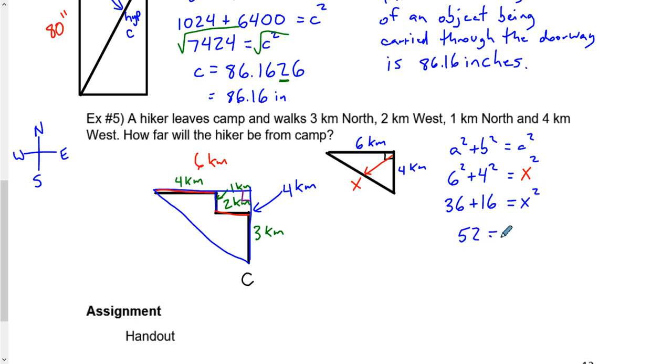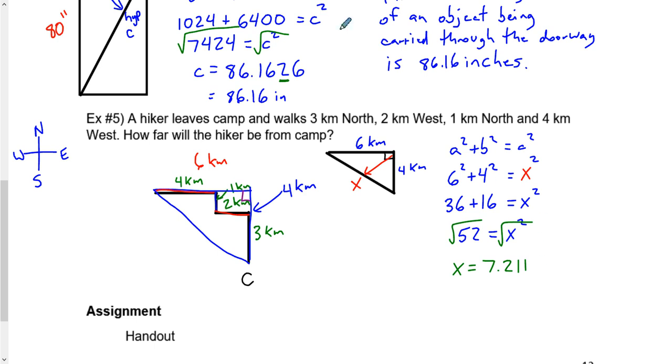We're dealing with 52, being the area of a square built off of that side. So therefore, we need to know the side length, which means we need to know the square root. X would be 7.21.